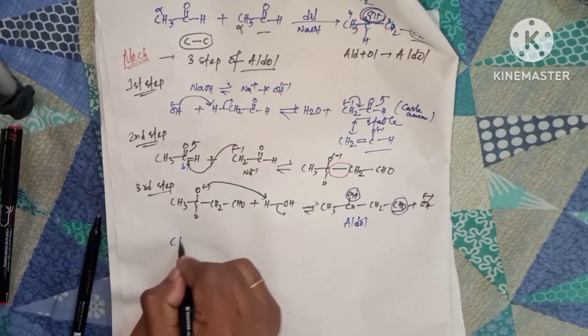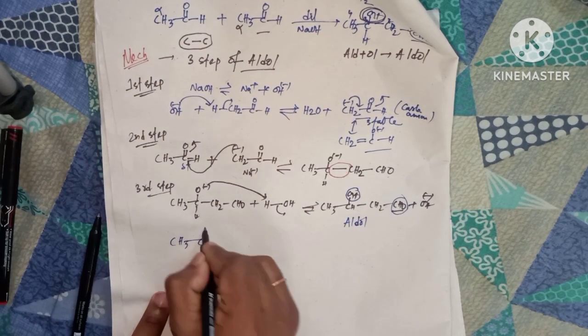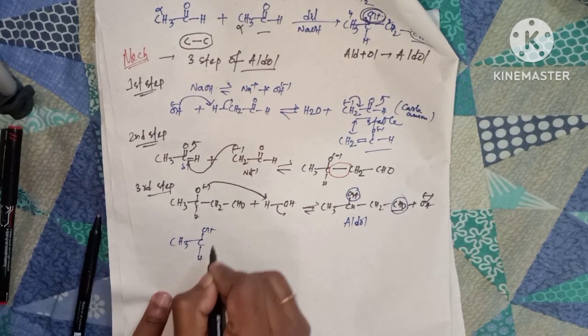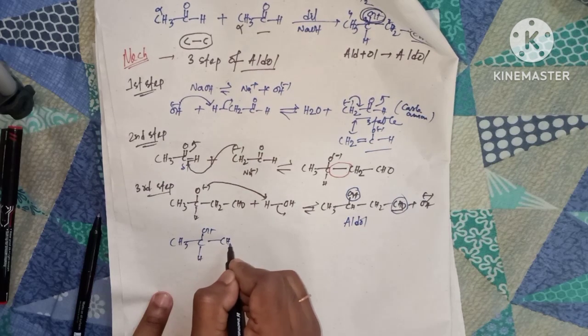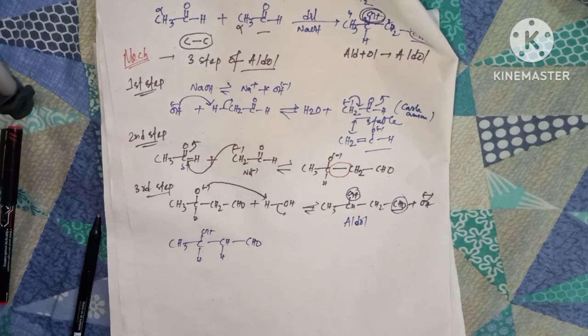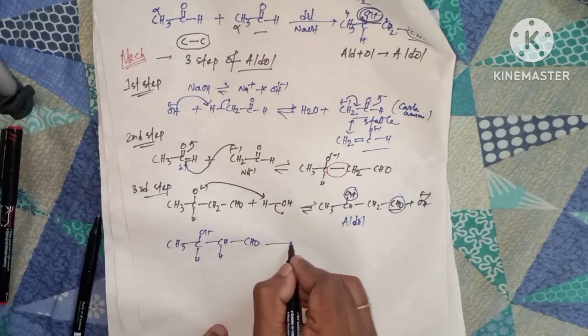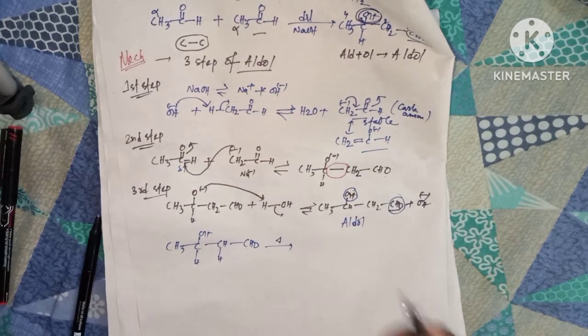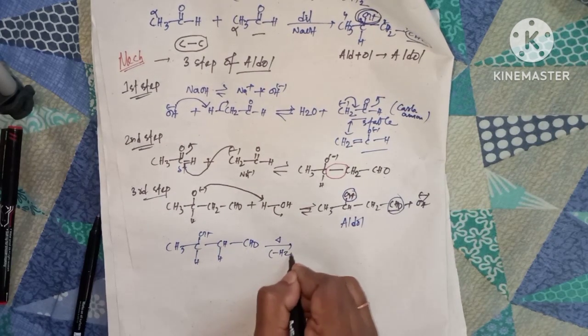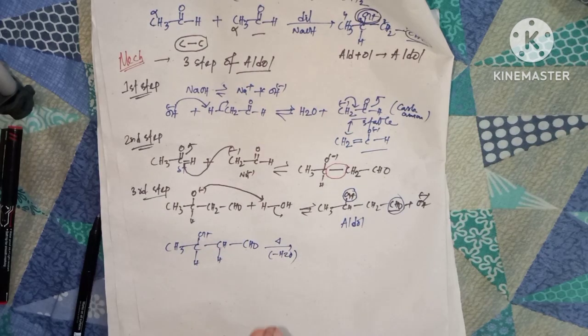Suppose this is the product, CH3CH(OH)CH2CHO. Here if we give heat in this reaction, it forms an alpha-beta unsaturated aldehyde.